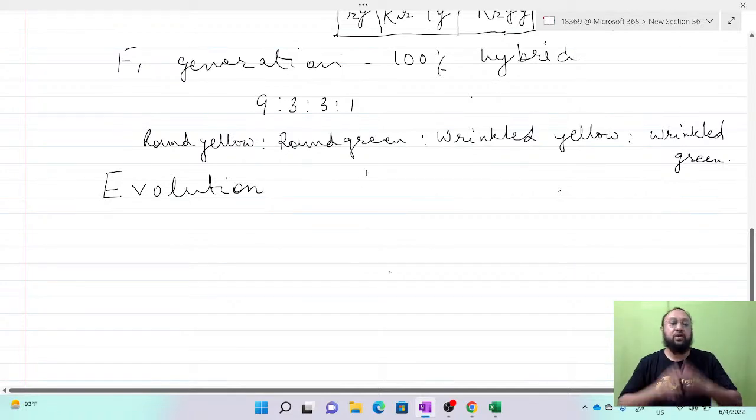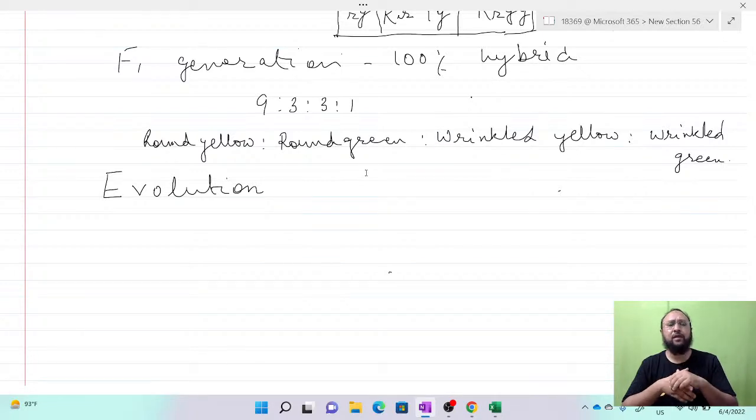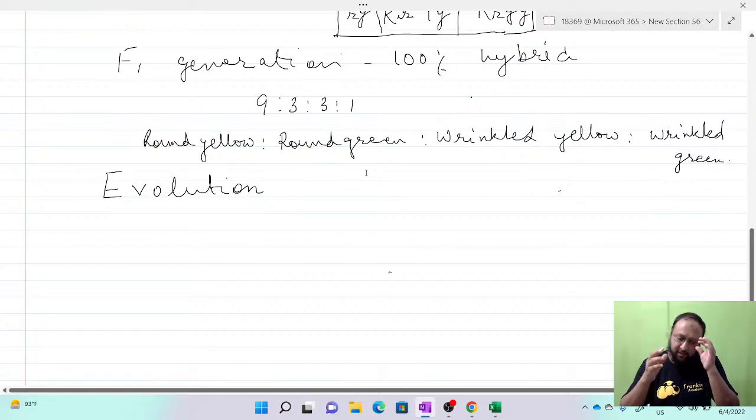We know, and you have already heard the term evolution, and have some idea from studying in previous classes, in 7th and 8th, where you have come across this term.